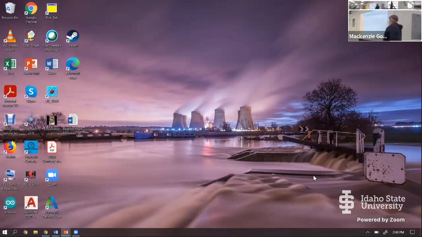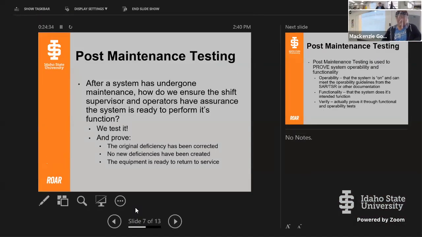How do we give the shift supervisor and the operators assurance that a system is ready to perform its function, that that maintenance has been done correctly? Yes, Amber, we test it.